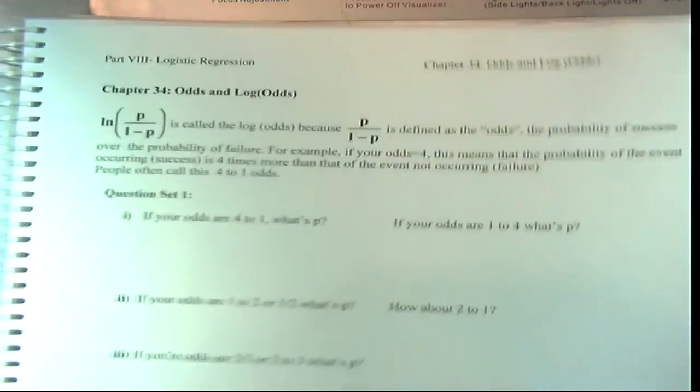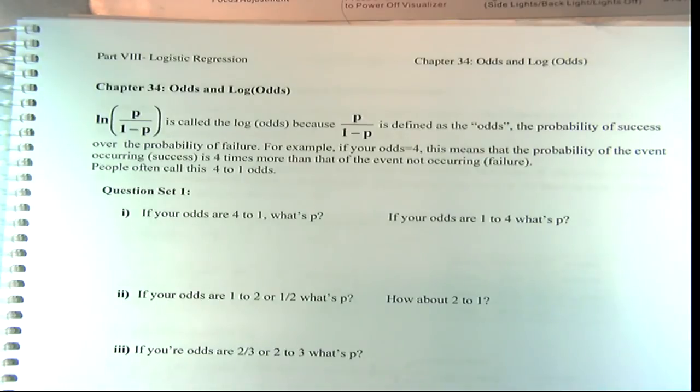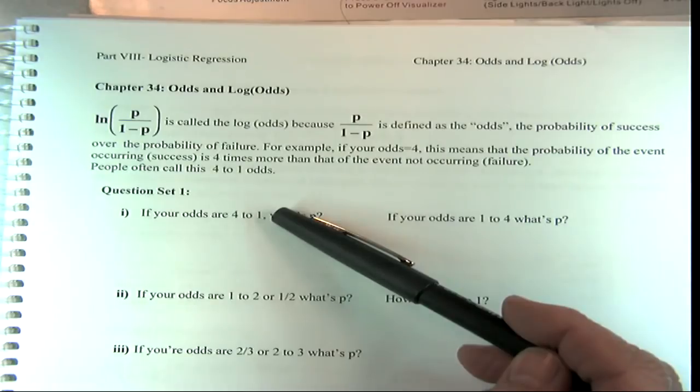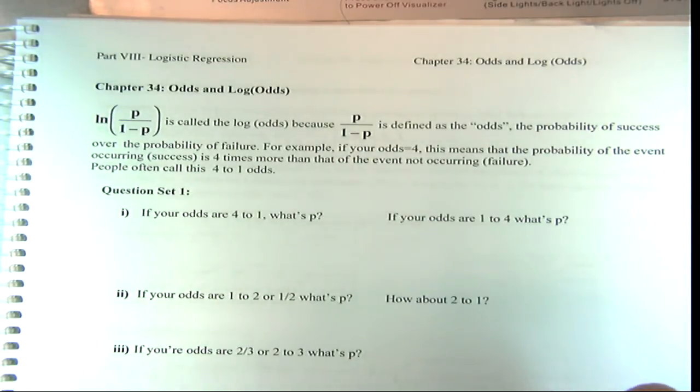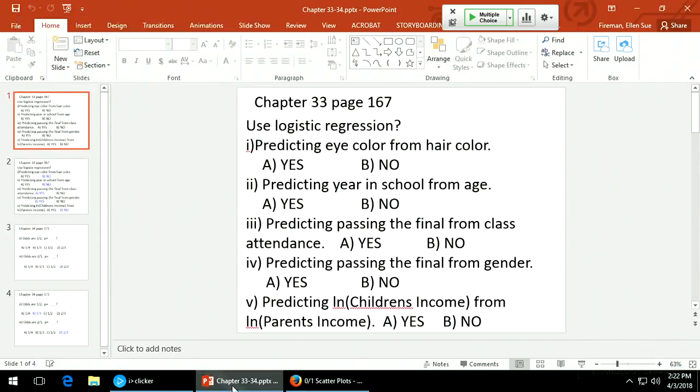And I skipped that. So we should be on page 171 here. All right. But before we do that, let me just give you an eye clicker to make sure that you understand when you should use logistic regression and when you can't use it. So let's go over to the PC here.